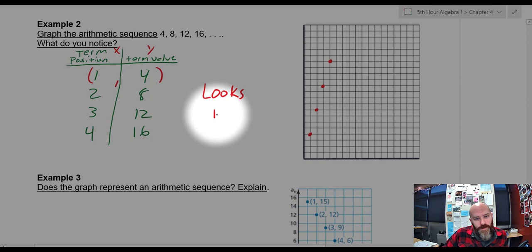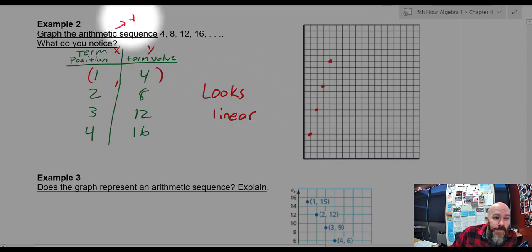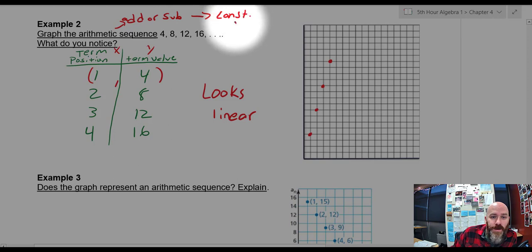Looks linear. Now, it should. If it's an arithmetic sequence, if we have an adding or a subtracting pattern, that is a constant rate of change.